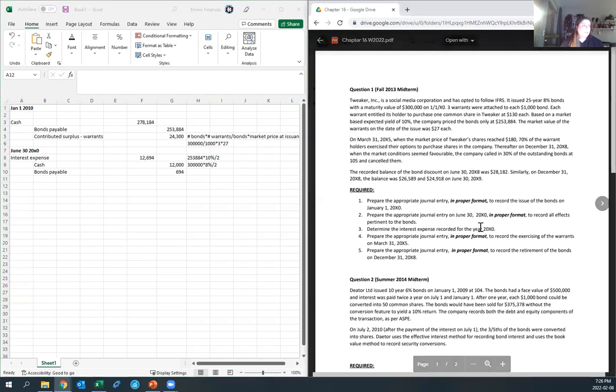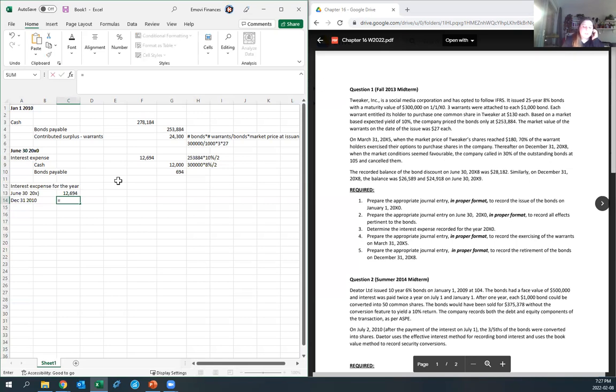Then they ask us for the interest expense recorded for the year 2010. We already have the first amount for June 30th, 2010, which is this amount here, the $12,694. And then we're also going to have the amount on December 31st, 2010, which is basically the book value on June 30th times 10% divided by 2.